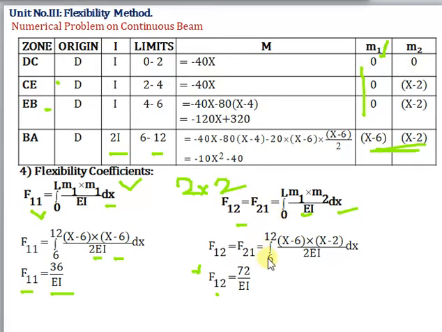So the limit is 6 to 12. M1 is (x minus 6) and m2 is (x minus 2) divided by 2EI into dx. So f12 is equal to 72 divided by EI. Okay. So these are the flexibility coefficients of the matrix.